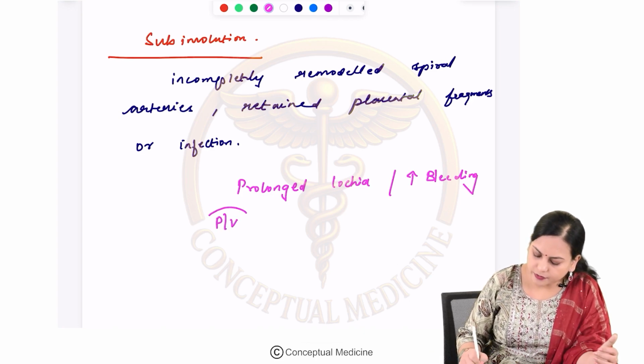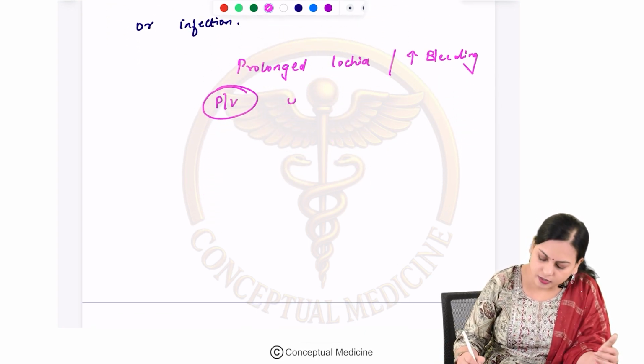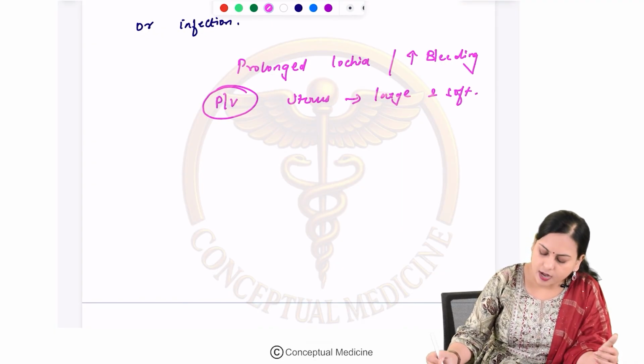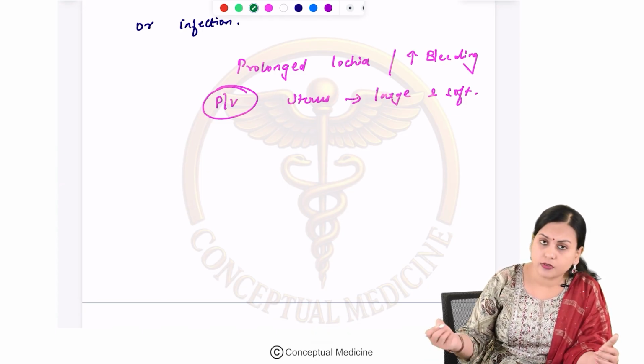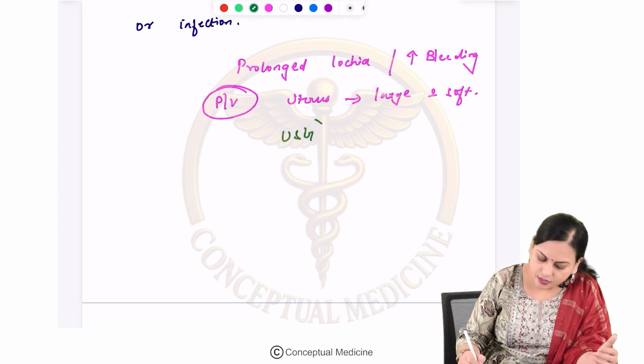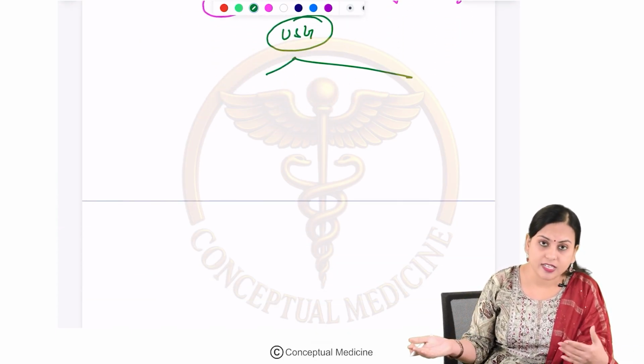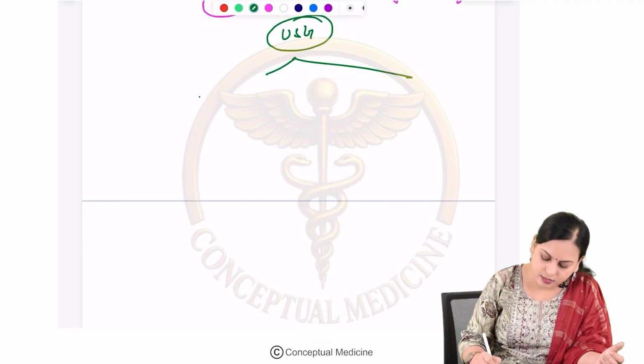When you do a per vaginal examination, the uterus is going to be large and soft, and in the ultrasonogram you will be able to see subinvolution as well as retained placenta. Let's see what is the difference.